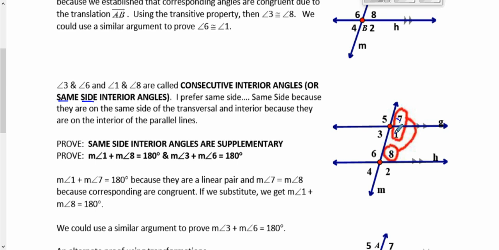What angle pair is that? They form a line. So they are a linear pair, which means that they add to 180. They're supplementary, right? So if 7's congruent to 8, right, and 7 plus 1 adds to 180, what can you tell me about 7 and 8?